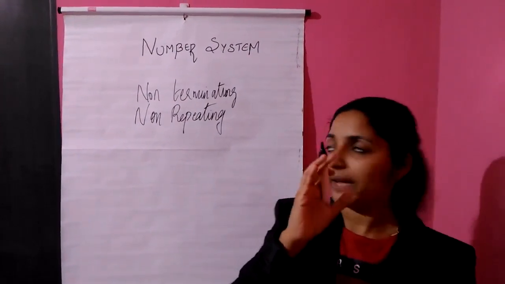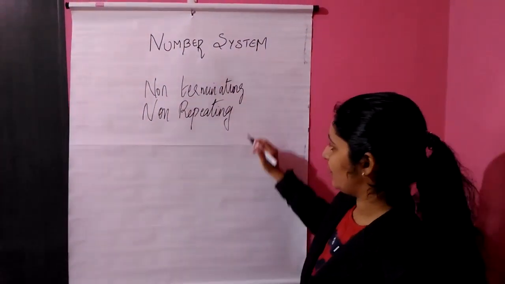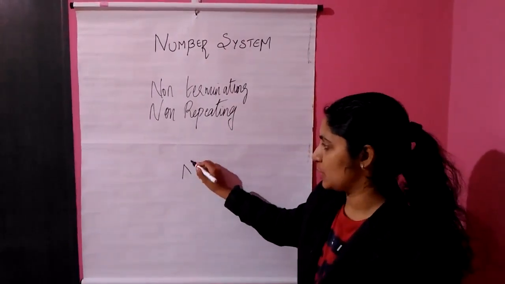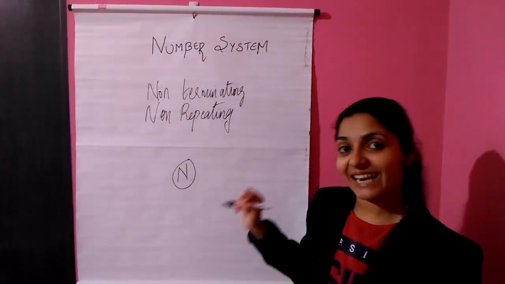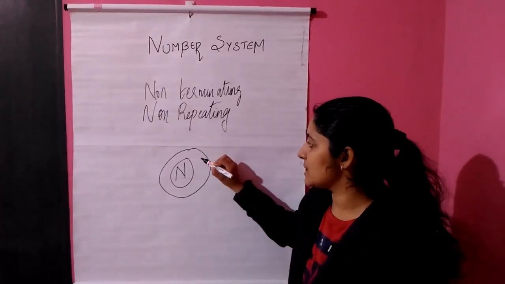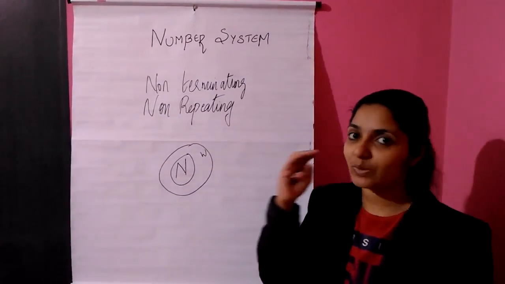Now we can see the number system web. So we learned about natural numbers. Natural numbers are contained in whole numbers. So when you compare natural numbers and whole numbers, which is the biggest one? Whole numbers, because we have 0 in it.